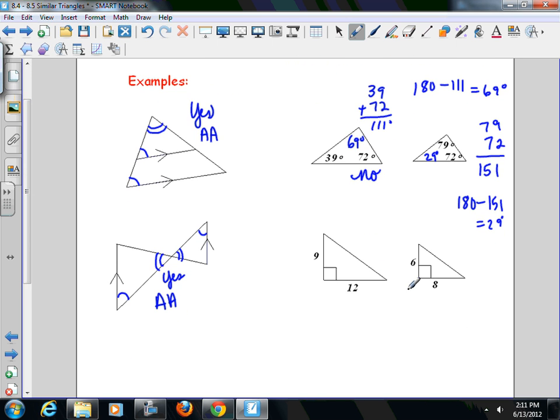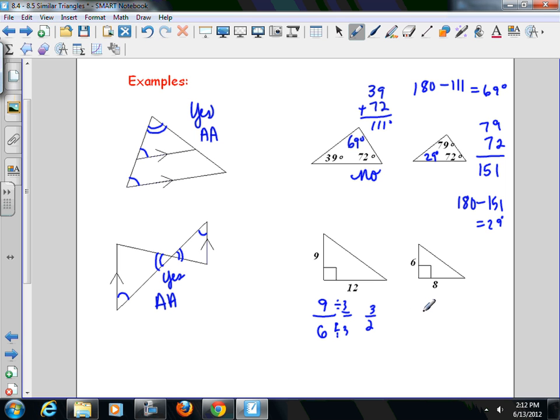Now moving on to these two triangles. Notice we have these two right angles in each triangle. So those angles are congruent. We're set on those. Now we are given two sides in each triangle. Let's see if the corresponding sides are proportional. So the side with the 9 corresponds to the side with the 6, and 9 over 6, if we divide each by 3 to reduce, we end up with 3 over 2.